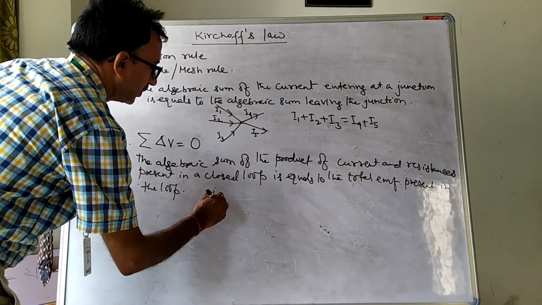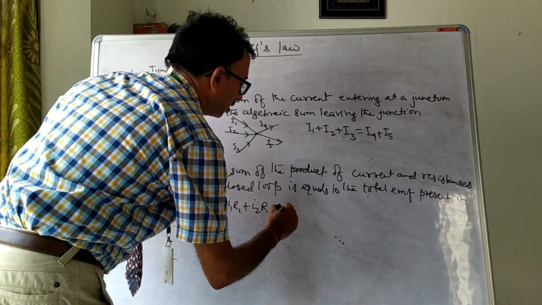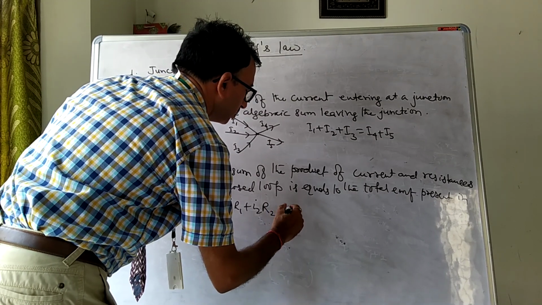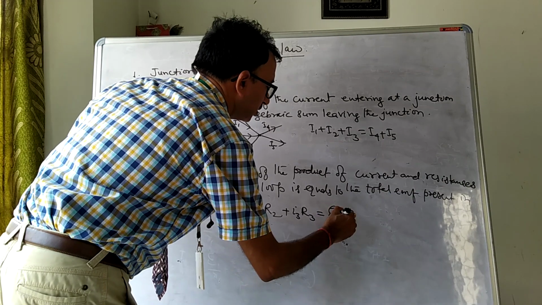That is I1 R1 plus I2 R2, you can say plus I3 R3 equals the total EMF.